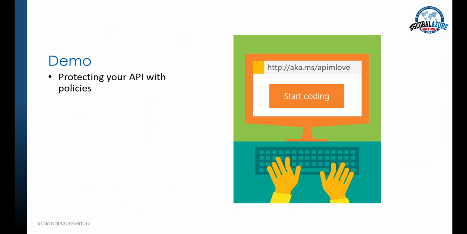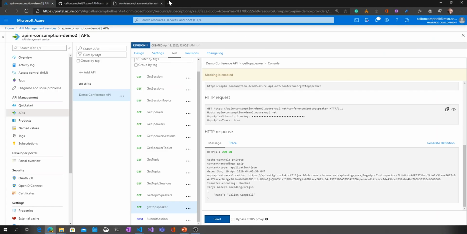Let's do a demo of policies. I'm going to jump back to the developer API management instance, because I want to demo some of the policies that the consumption tier doesn't do, and that's really the rate limiting.